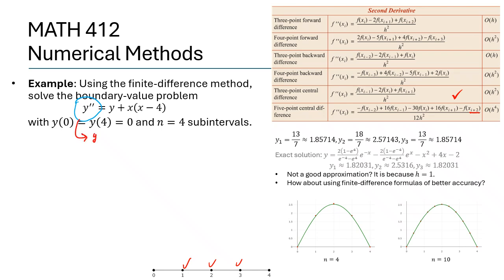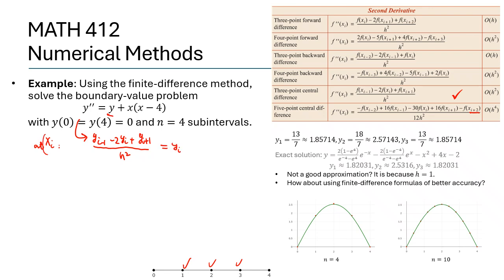It's y sub i minus 1 minus 2y sub i plus y sub i plus 1 over h squared. That's the second derivative, and y is just y sub i.